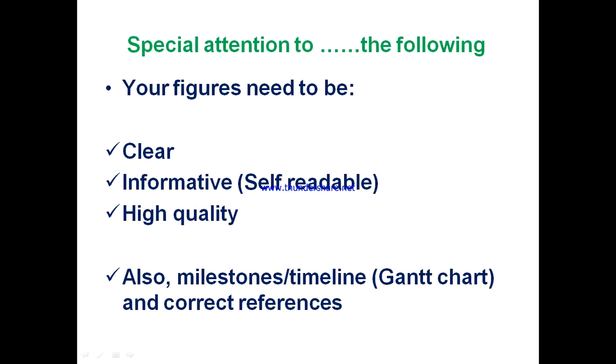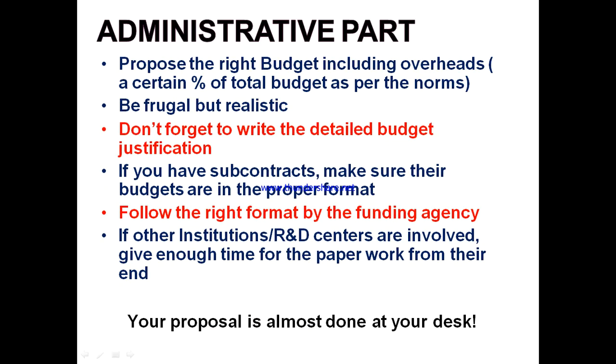So now you have to pay special attention to your figures; they need to be clear, informative, self-readable, and very high quality. Also include milestones like timelines, a Gantt chart or PERT chart, and correct references. Then you need to take care of the administrative part, the right purpose and right budget, including overhead.